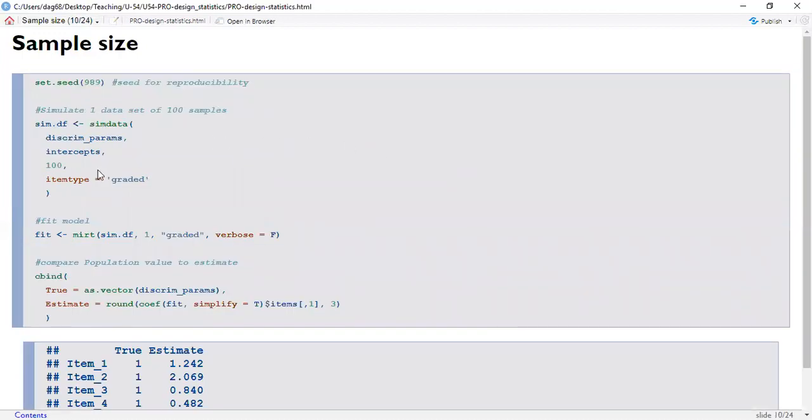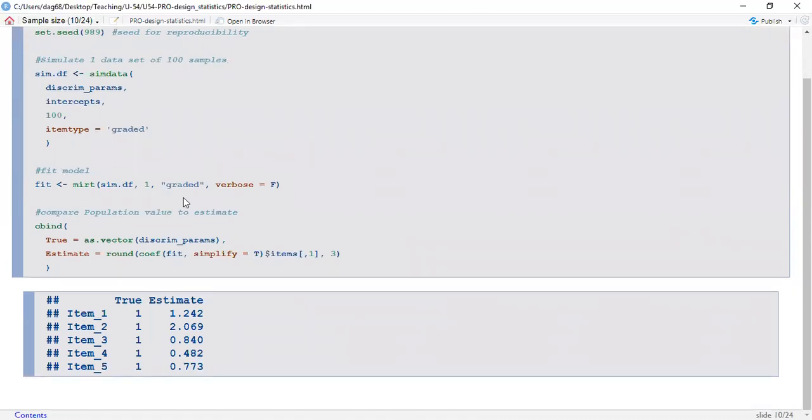And then just to illustrate, I've drawn one simulated data set of 100 people. Then I fit a graded response model, which is an item response theory model for ordinal data, and then I compared the two. So you can see the true estimate for each of them is 1, and you can see there's some significant deviation in the sample derived estimate.